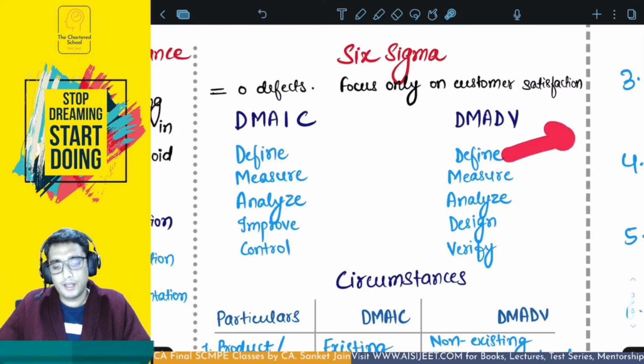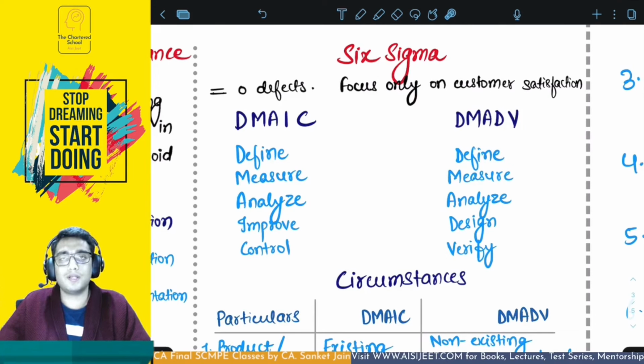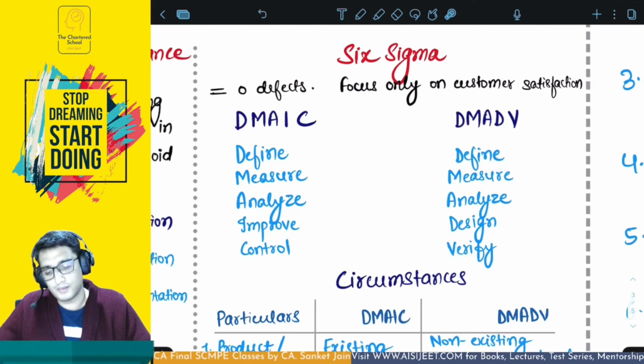Here, define would be to define the customer requirements, so that on the basis of these requirements we can create a particular type of product. Measure would be to quantify them and to find out ways in which we can achieve and satisfy these requirements of the customers.